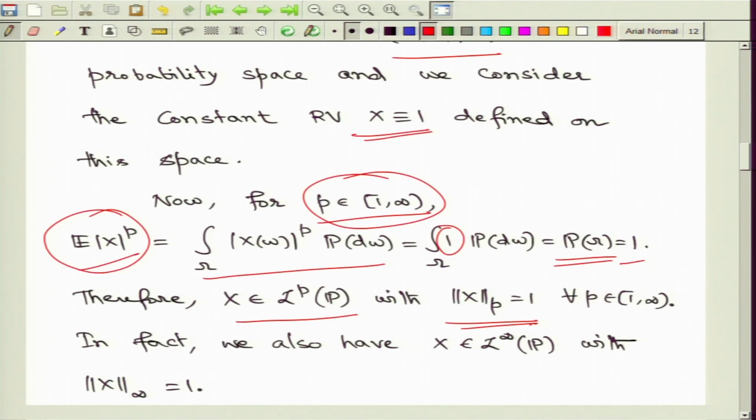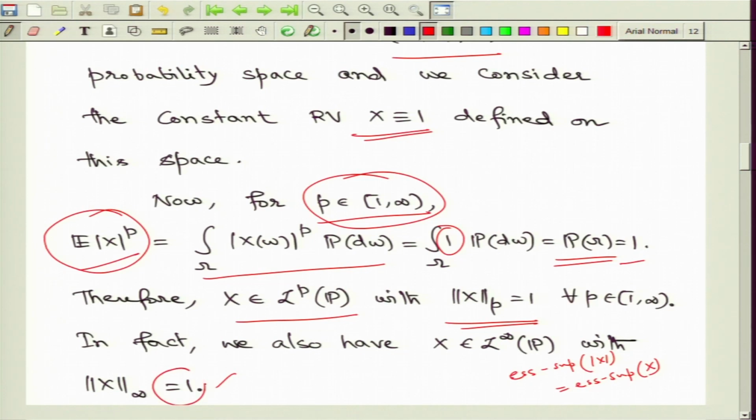Moreover, as argued in the earlier discussion involving exercise 1, we can also check the L infinity bounds. Here again the random variable is non-negative, and if we look at the essential supremum of mod X, that is nothing but the essential supremum of the original function X, because the function is taking non-negative values. Moreover, that is exactly taking the value 1, and therefore, we can again show that the L infinity bound is finite.